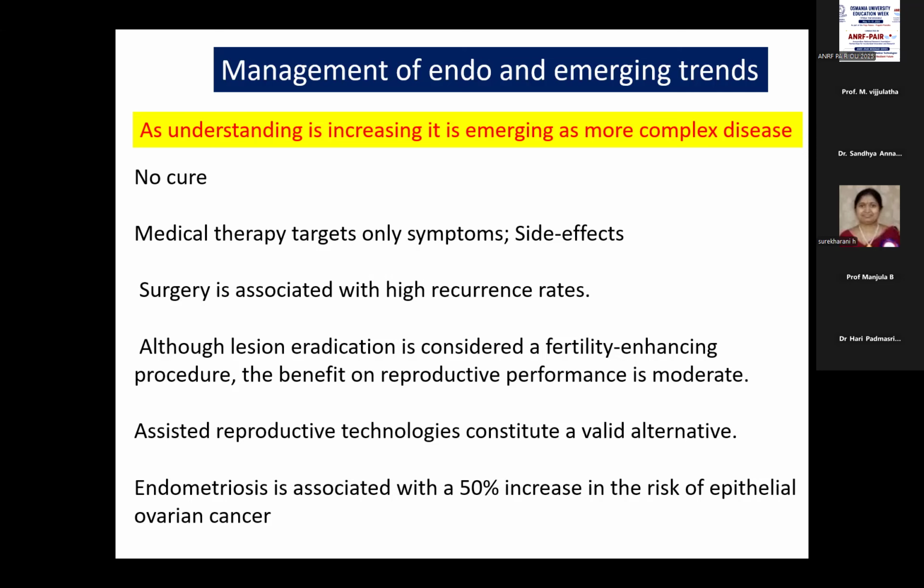Even surgery won't guarantee, and there is a chance of recurrence even after surgery. Even after radical surgery, where the uterus, fallopian tubes, and ovaries are removed, recurrence is possible.